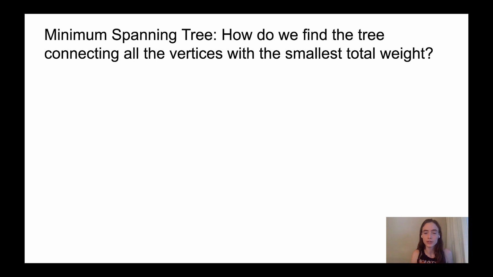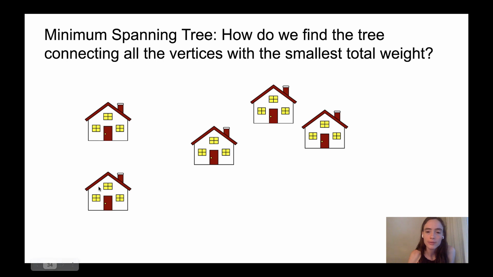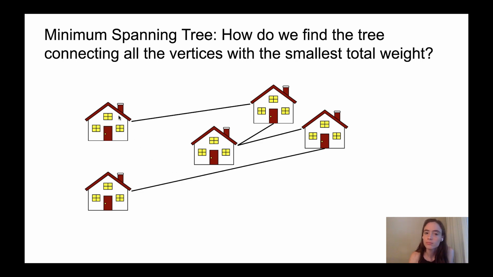So there's a path from each vertex to every other vertex, and it doesn't contain any cycles. So for some intuition about the minimum spanning tree problem, imagine we have 5 different houses, and we want to connect them with power lines. You can imagine this assignment of power lines where they are reaching every single house, but this seems a bit wasteful.